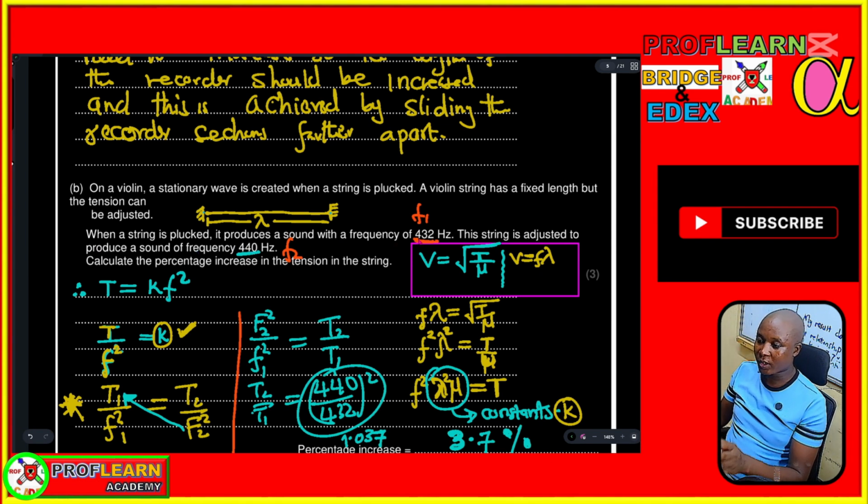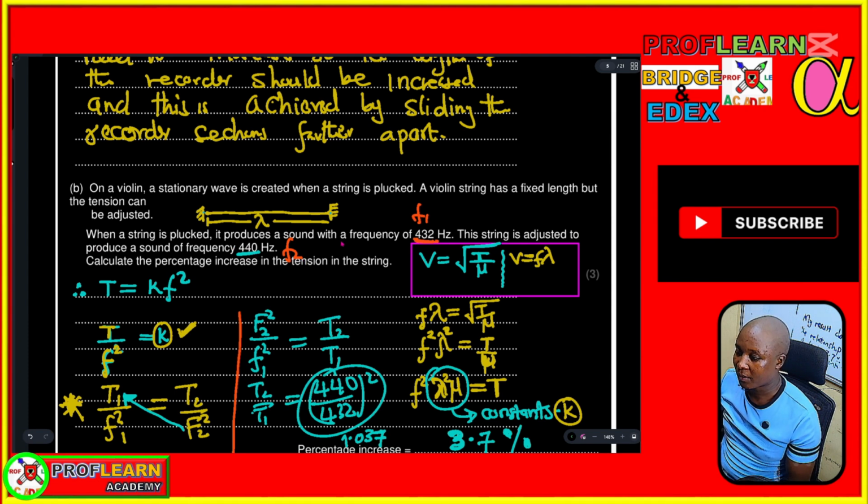So frequency 1 is 432, frequency 2 is 440. But remember, v equals the square root of T over mu, and also we have the wave equation like that. So since we don't have the speed of the sound produced in the violin, we can replace v with f lambda.